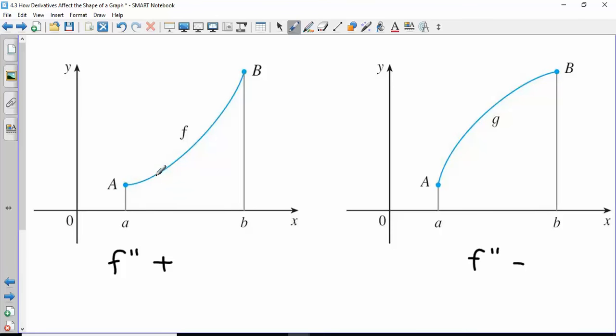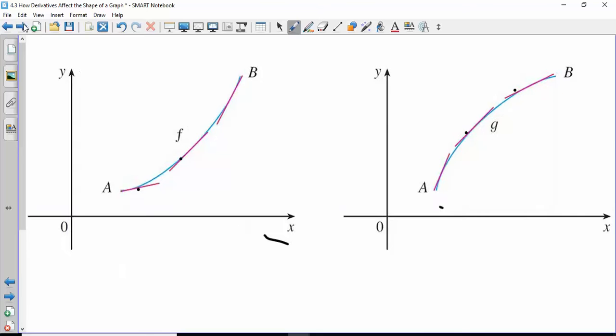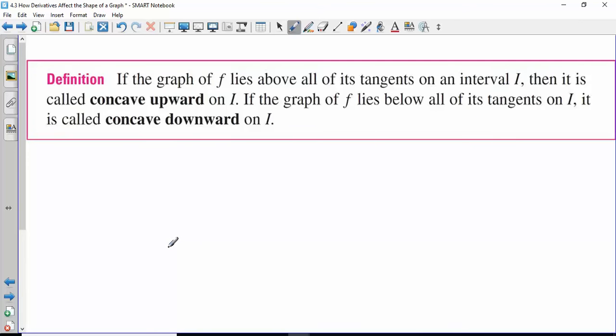This one is curved upwards, it's called concave up. This one is curving downward, that's called concave down. So the second derivative tells us the concavity. Concave up, think about like it could hold water, okay? Concave down, it couldn't, it's curving downward.